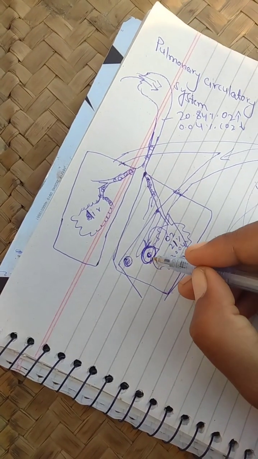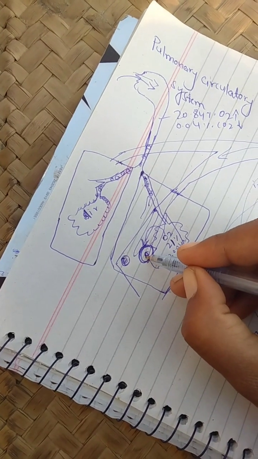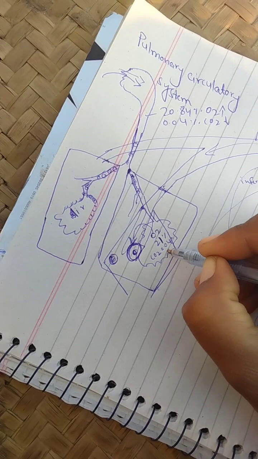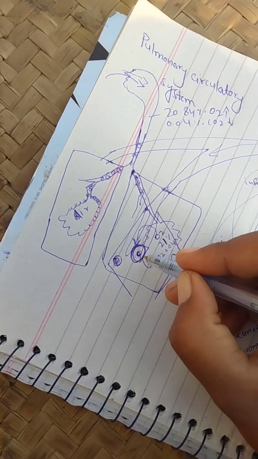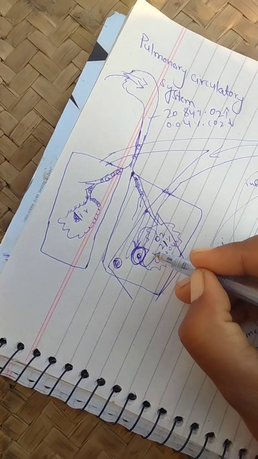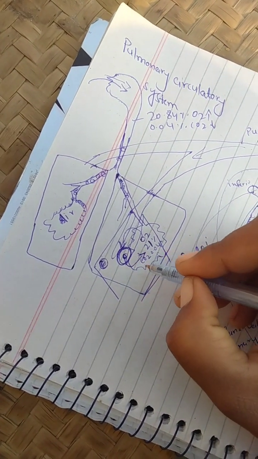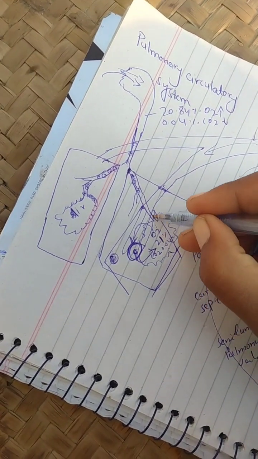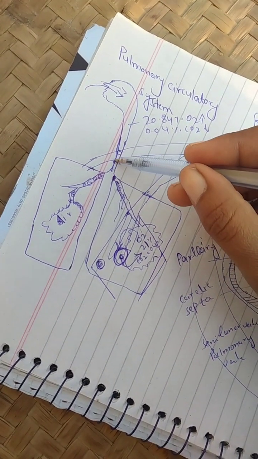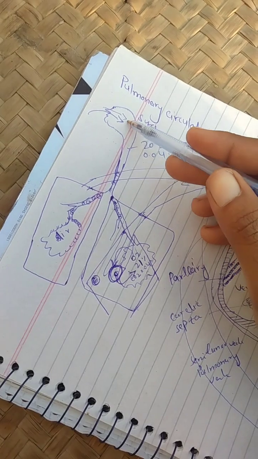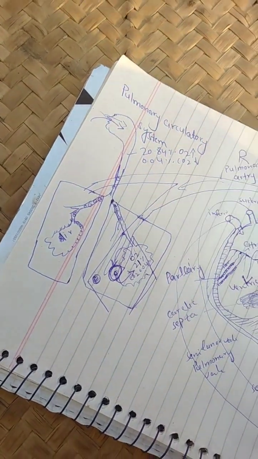Carbon dioxide concentration is high in red blood cells and low in the alveoli, so carbon dioxide moves from the red blood cells into the alveolar sac due to the concentration gradient, and moves out through the bronchi, trachea, mouth and nasal cavity.